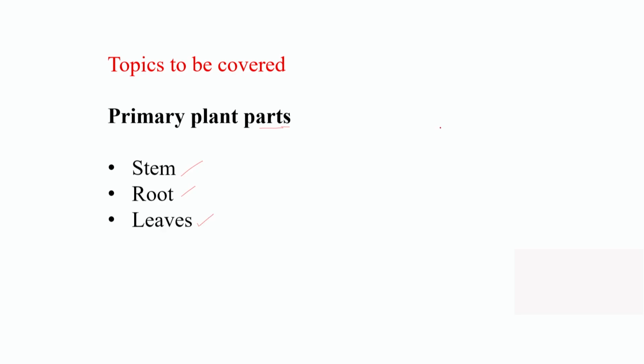As you all know, a plant is divided into a root system and a shoot system. So, a plant will have a shoot and a root.